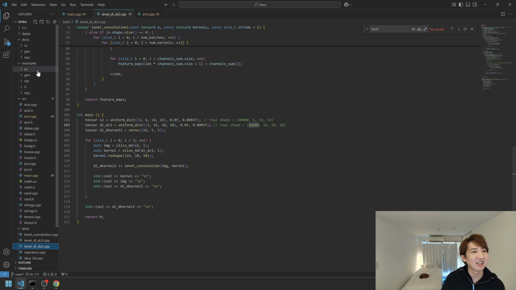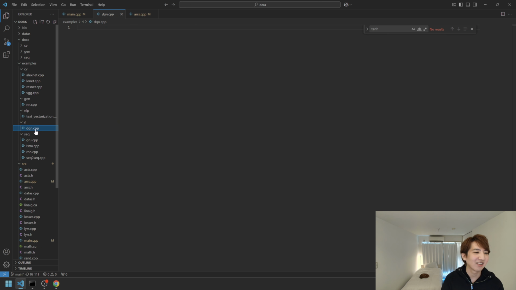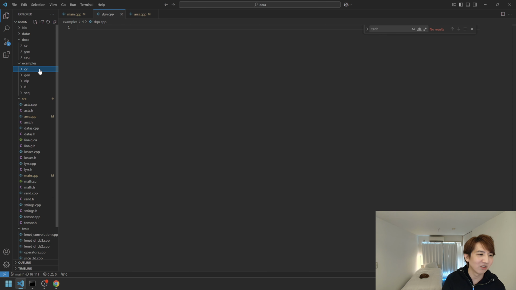And I also organized my files inside examples and docs by making folders like computer vision, natural language processing, and reinforcement learning, which I haven't started yet. But yeah, it makes my folder look neat.